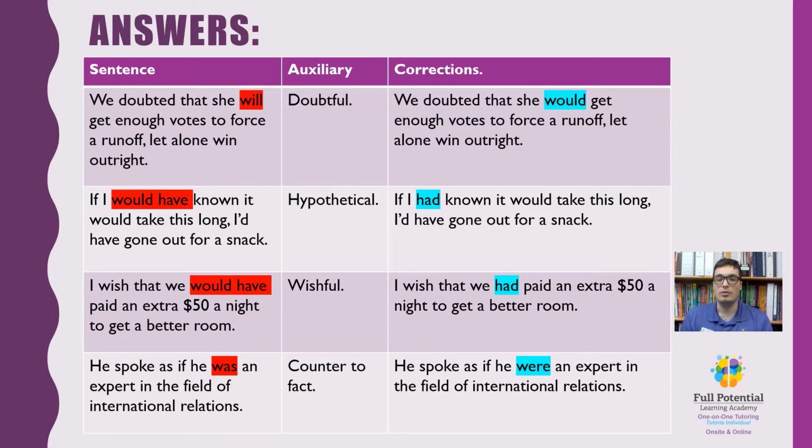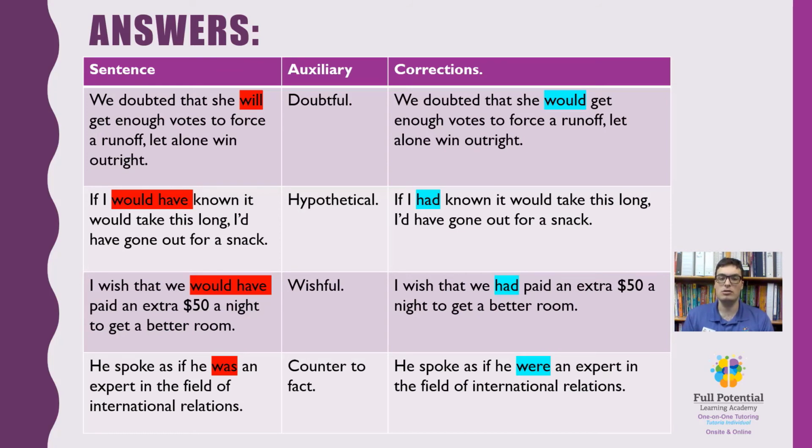In the third example, which is a wishful auxiliary, you also have to change the would have into had in order to better correct for the subjunctive mood in the sentence. Finally, in the fourth sentence, which is counter to fact, you need to have the was changed to were in the sentence to have the proper subjunctive mood form.